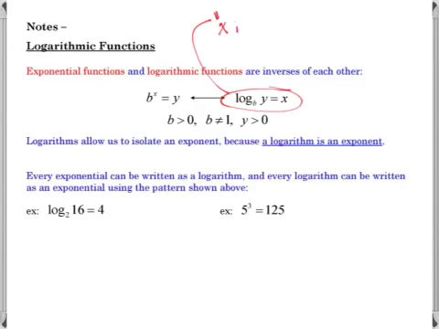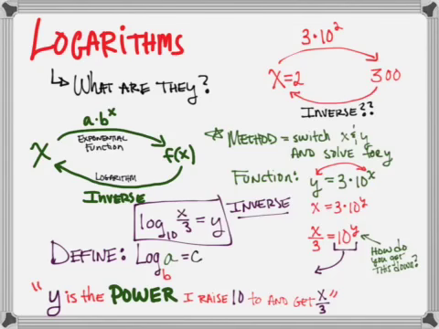If I look back, I can see that if I took a log base 10 of both sides, I would have log base 10 of 10 to the y. Those cancel each other, and I'm left with just y. So that's where this piece comes from. We'll get a lot of practice with it. I know it looks confusing now, but it'll make sense down the road.